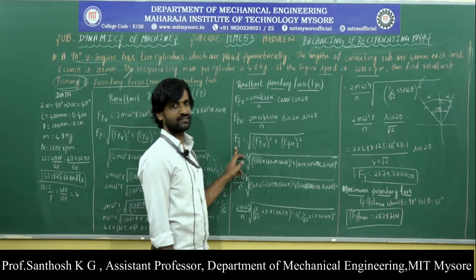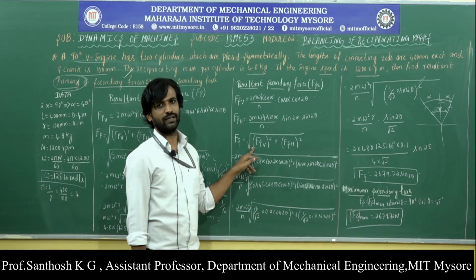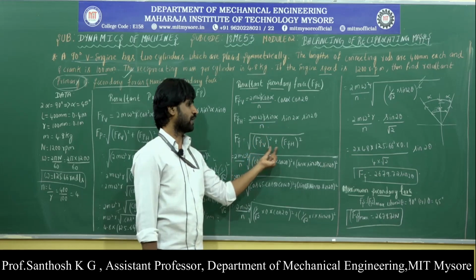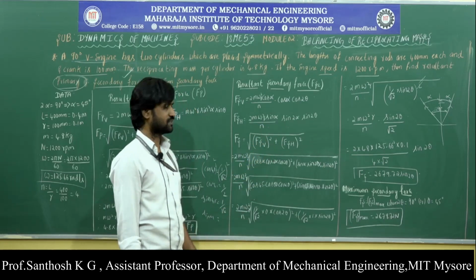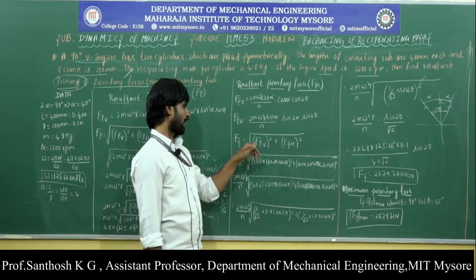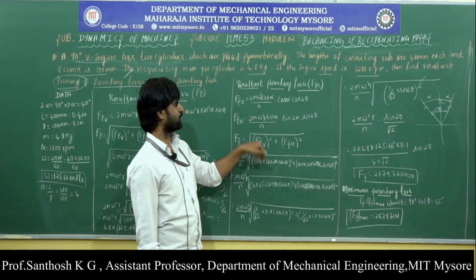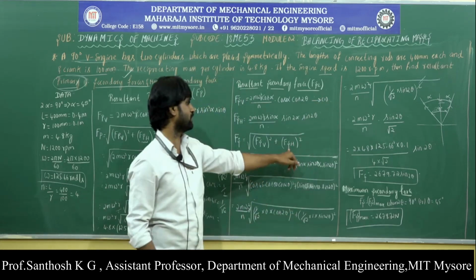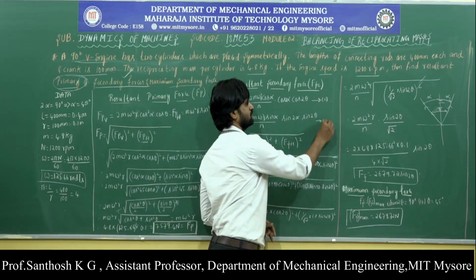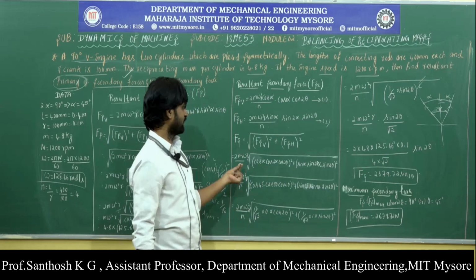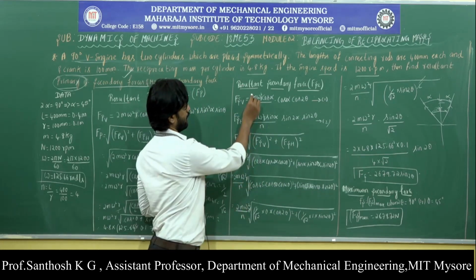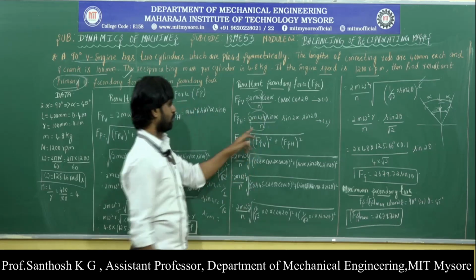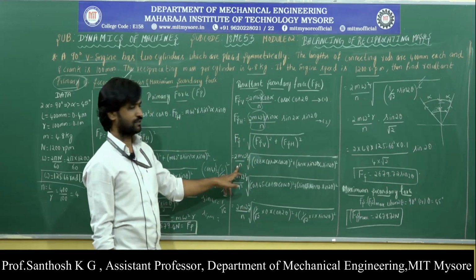And the resultant secondary force can be calculated by using the equation square root of FSV square plus FSH square. So, I am going to substitute equation 1 in place of FSV, and equation 2 in place of FSH. If I take 2m omega square r common in both the terms, then I will get this equation.